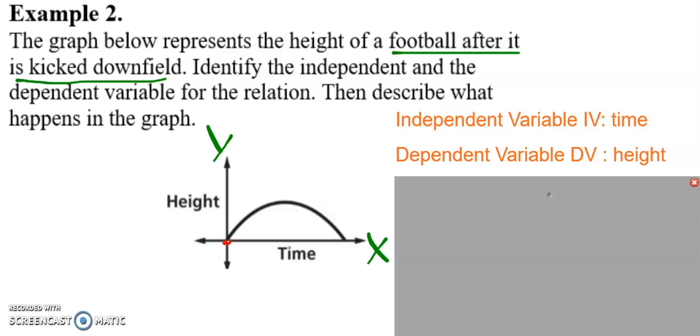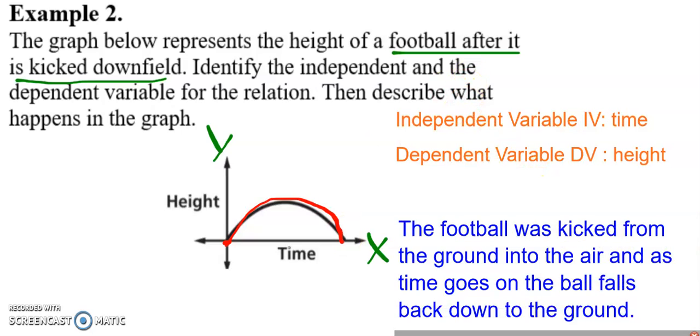Well, at 0, 0, the football's on the ground, and then the football is kicked in the air, and then it comes back to 0, which means it comes back down to the ground. So the story of this football is the football is kicked from the ground into the air, and as time goes on, the ball falls back to the ground. I just told the story from the graph. I read the graph, told the story, and that is it. Pause the video and get this down in your notes.